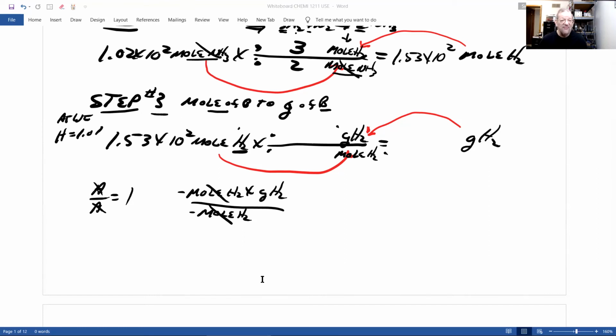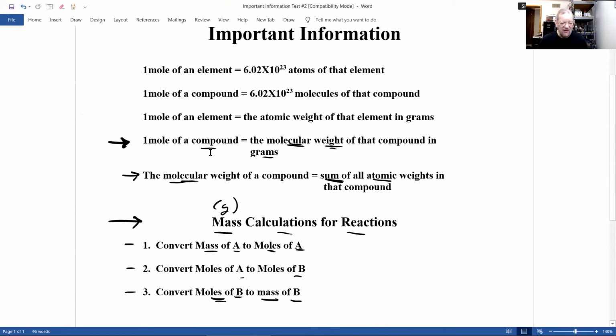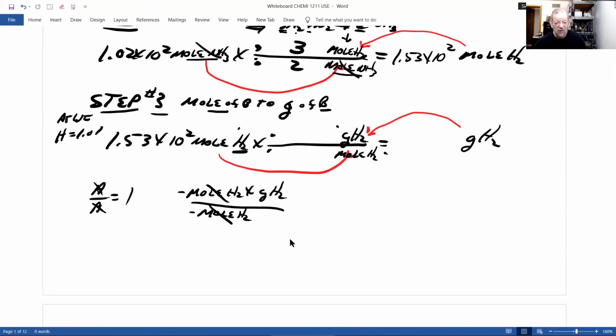Go to important information, test number 2, and the molecular mole of a compound equals the molecular weight of that compound in grams, and the molecular weight of that compound is the sum of all atomic weights of that compound.